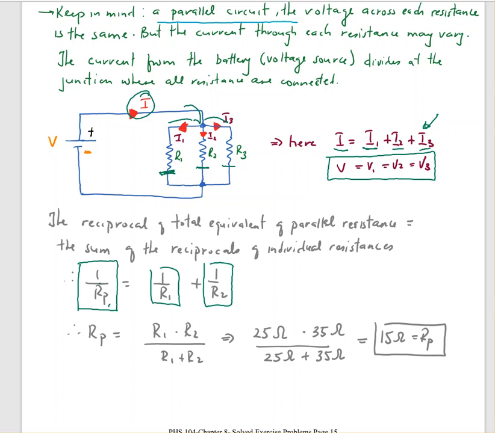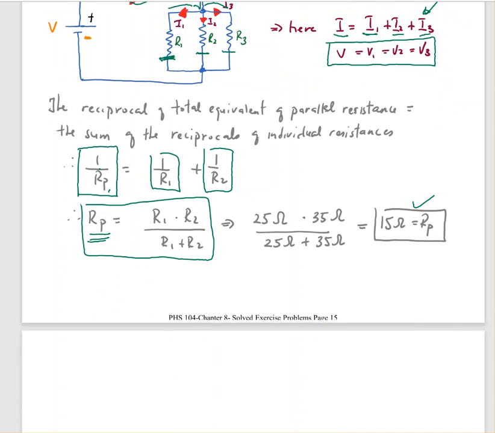Once you do the math, your total resistance in parallel is R1 times R2 divided by R1 plus R2, and you get 15 ohms as your total resistance in a parallel formation.